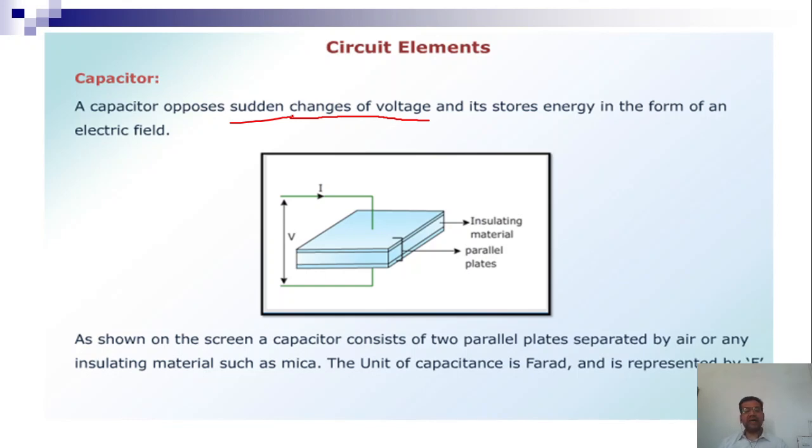The dielectric medium might be mica, might be air, any dielectric material can be used to separate the plates. What is the unit of capacitance? Farad, already you know, represented by F.